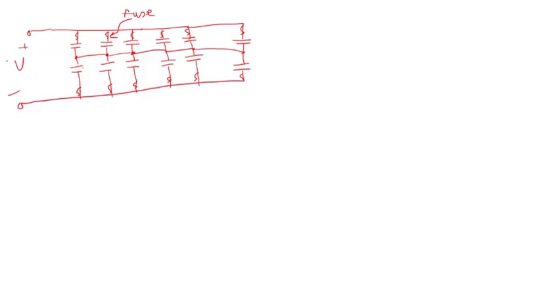So let's assume that the voltage applied across the capacitors is V. If I draw this as an equivalent, capacitors in parallel add up, like resistors in series. So I'm just going to call it C. So I have 6C in series with another 6C.